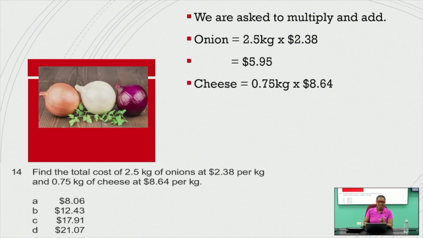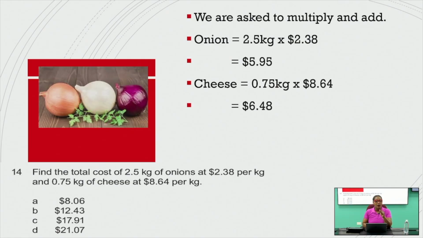We have the onion 2.5 kilogram multiplied by $2.38 gives us the $5.95. Now, that would give us the full 2.5 kilograms. And then you work out the cheese. So the cheese is 0.75 kilogram. Now, $8.64 is the cost of 1 kilogram.